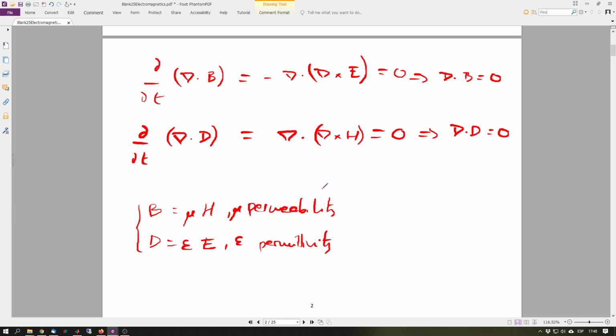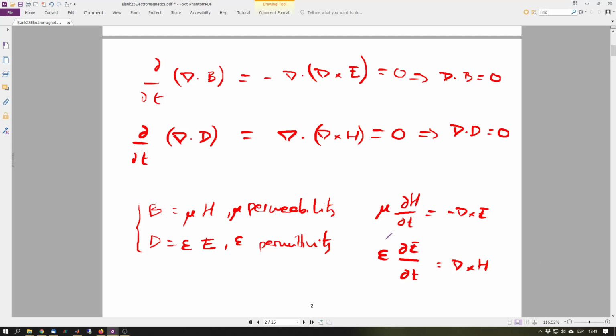We introduce these constants in our relations for the Maxwell equations, and if these are constant parameters, then mu multiplied by the derivative of H with respect to t is equal to minus the rotational of the electric field, and the permittivity times the derivative of our electric field is equal to the rotational of the magnetic field. We will neglect all the flow due to the electrical charges, and just work with these two sets of equations.